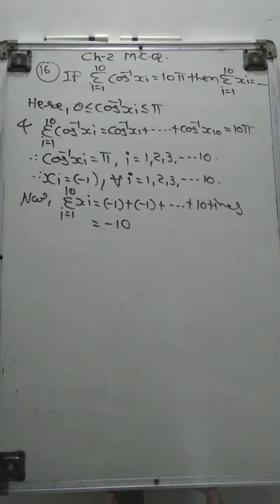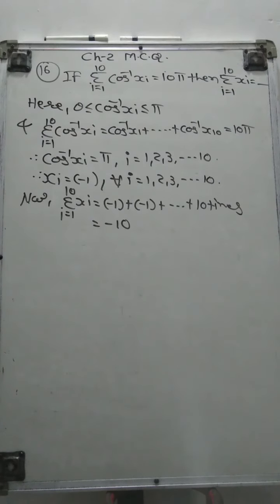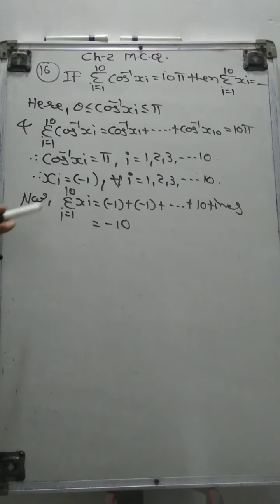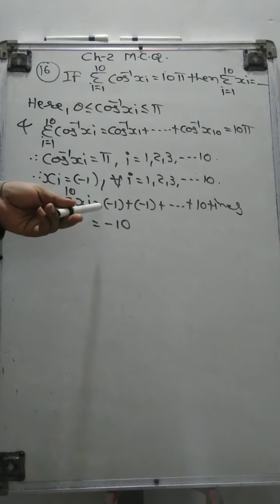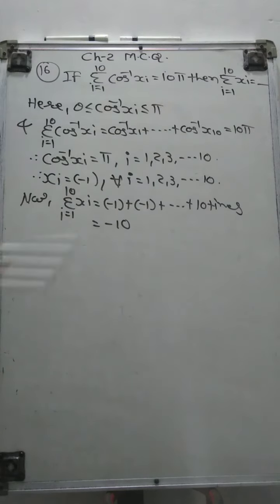Now for the 10 terms, answer is 10 pi. Therefore we can say that for each cos inverse xi, the value is pi, for i equal to 1, 2, 3 up to 10. And then the value of xi is -1 for every i equal to 1, 2, 3 up to 10. Now sigma i equal to 1 to 10, xi is equal to what? x1 plus x2 plus x3 plus x4 up to x10.